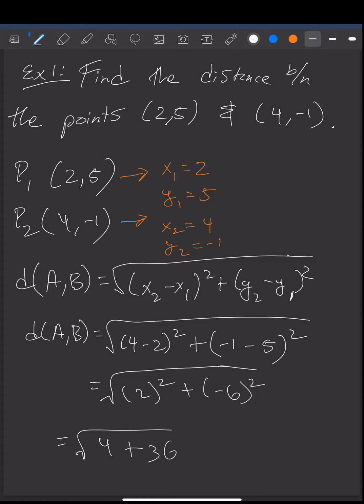So 36 plus 4, what is that? The distance would be radical 40. Since radical 40 is not a perfect square, that will be your distance. So we know that the distance between these 2 points is radical 40, right?